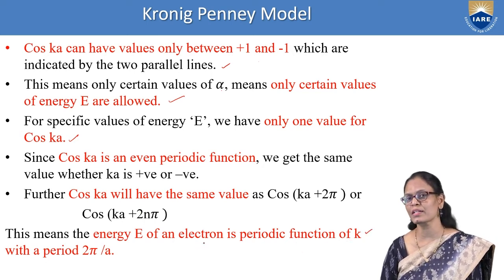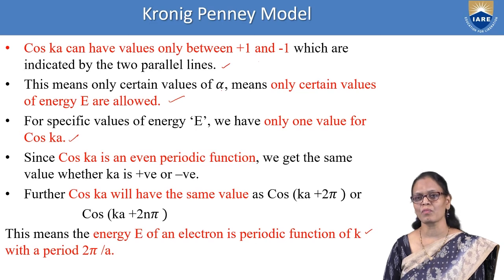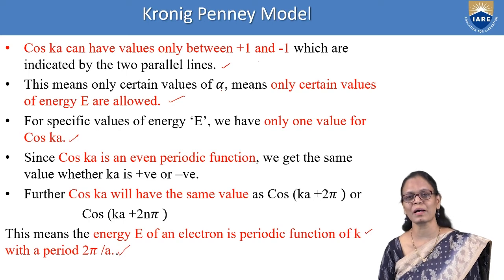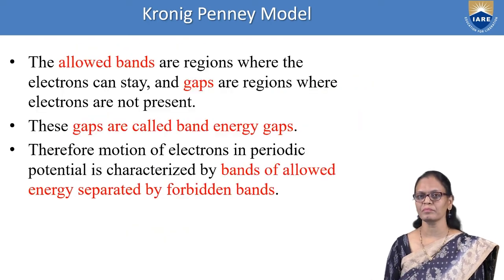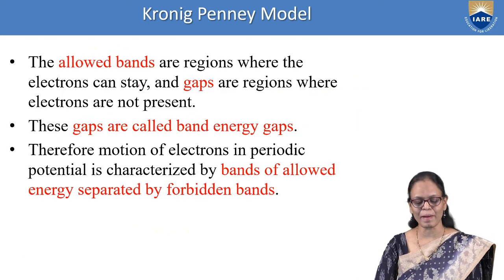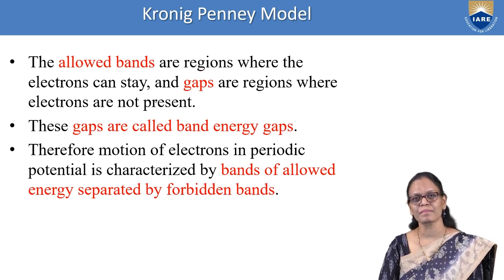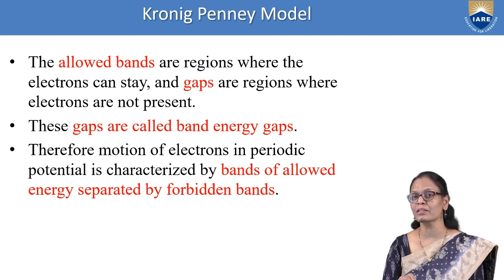Now what we are trying to understand here is E versus K. E, that is the energy or the eigenvalue, is a periodic function of K with a period of 2 pi by a. Now the allowed bands are regions where the electrons can stay, and the gaps are regions where the electrons are not present.